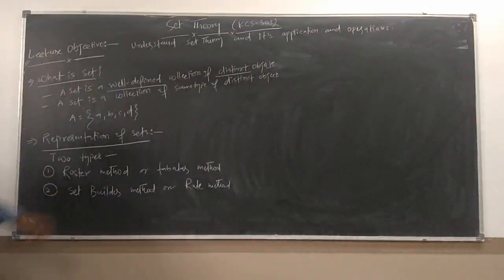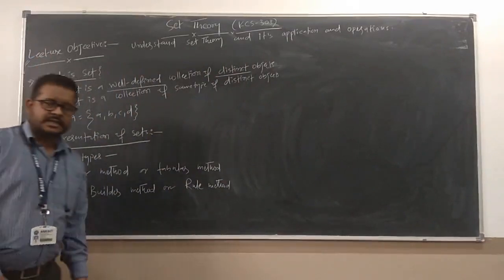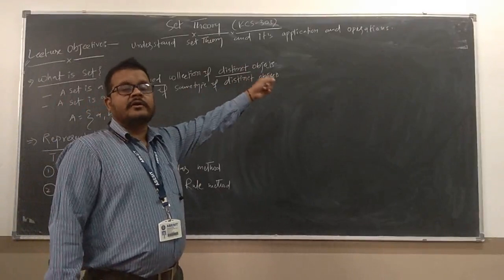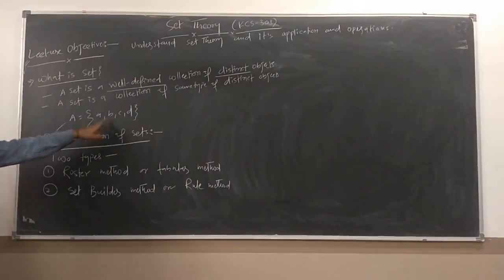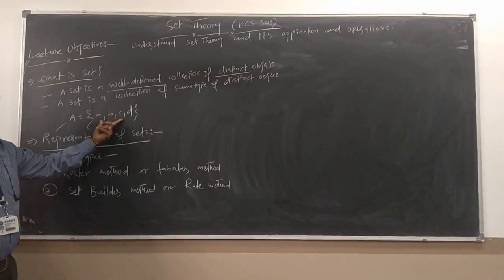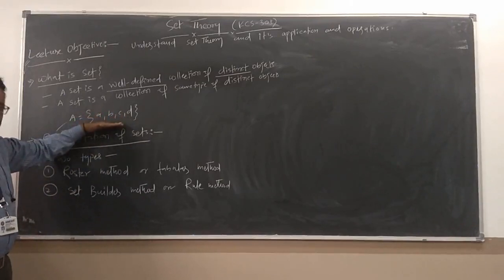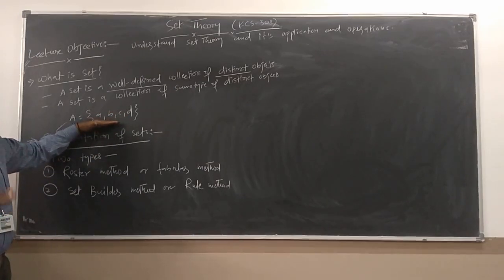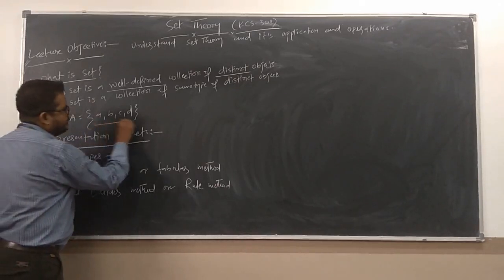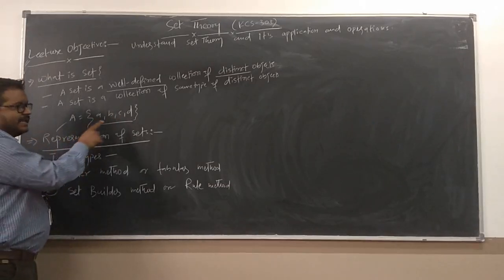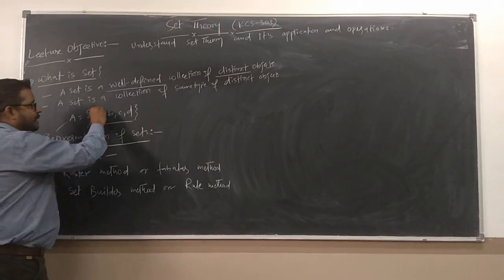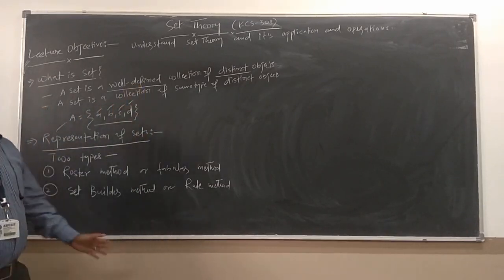So a set is a well-defined collection of distinct objects known as members of the set. If A is a set of a, b, c, d, these four items are distinct but the same in nature, as they are English alphabet letters with different and identical identities.